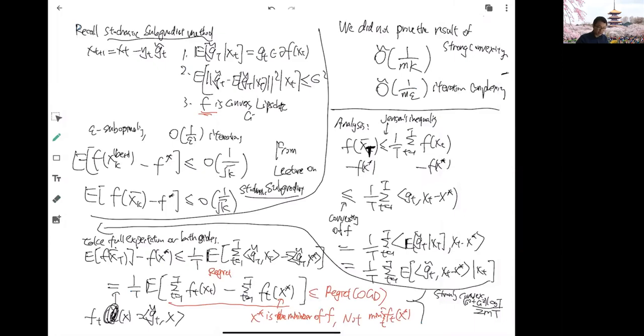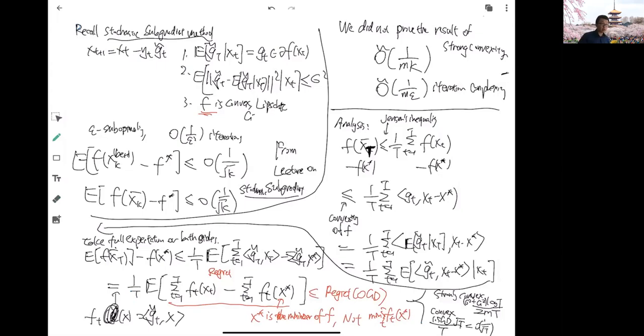What if we plug in just the convex and Lipschitz function instead? Then the regret bound is square root of T times G D, divided by T, which recovers the order 1 over square root of T convergence rate.